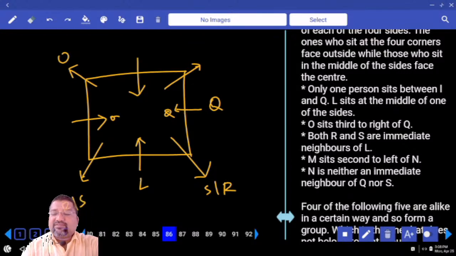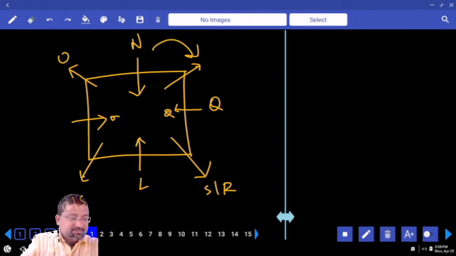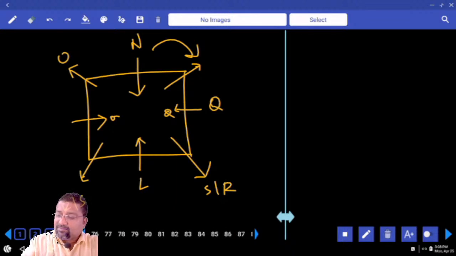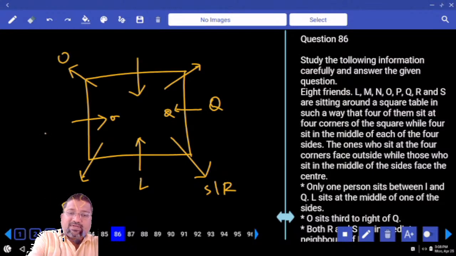If this is N, is it possible? No. N, this is second left. Is it possible? Come on. Not possible. Speak up. Surely N, second left has M.